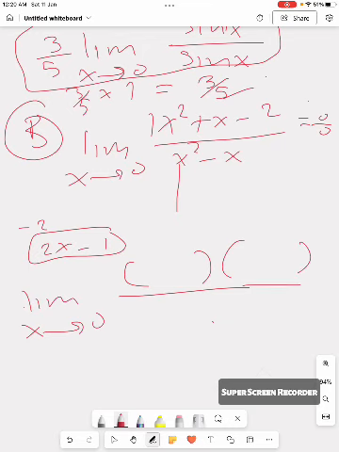So put x here, put x here. So plus 2 is here, and here is negative 1.